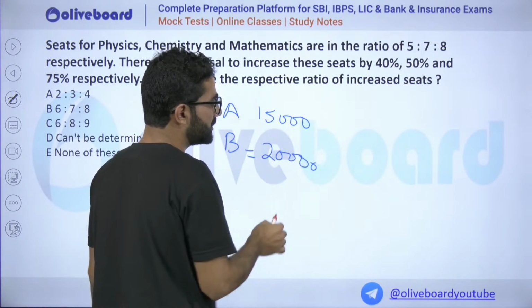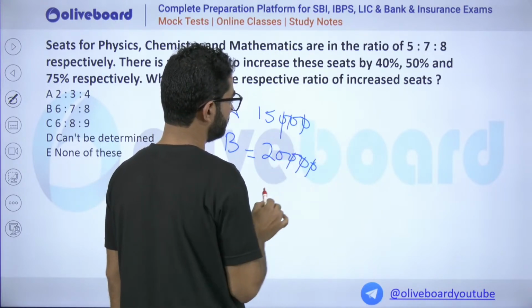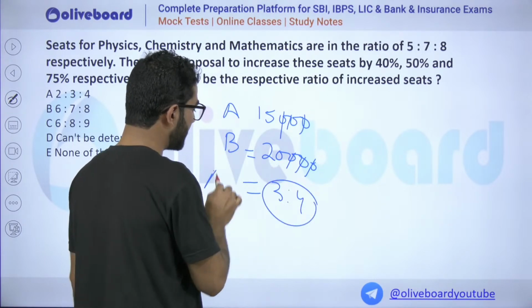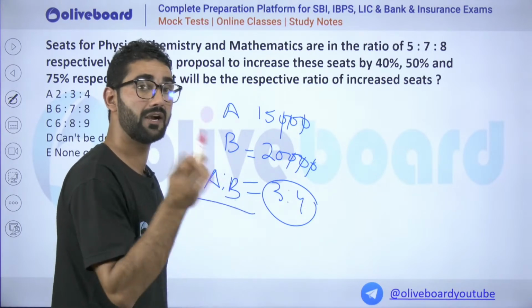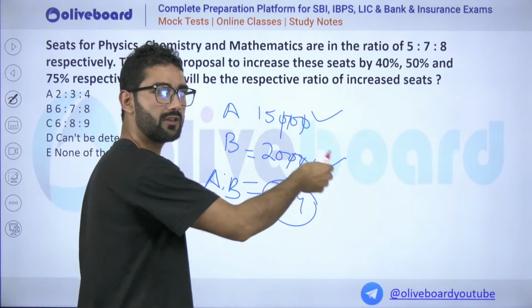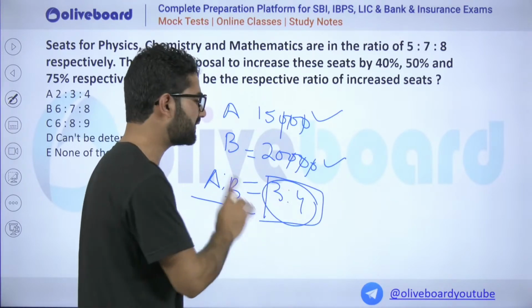If I make the ratio, it will be 3:4. So the salary of A and B is in the ratio of 3:4, but the actual salary was 15,000 and 20,000. The ratio I gave you, the simplified one, is 3:4.